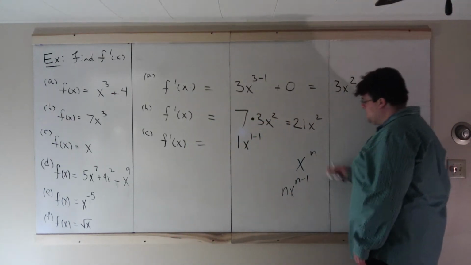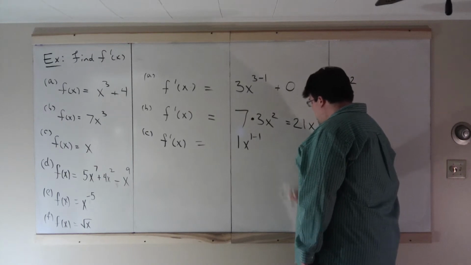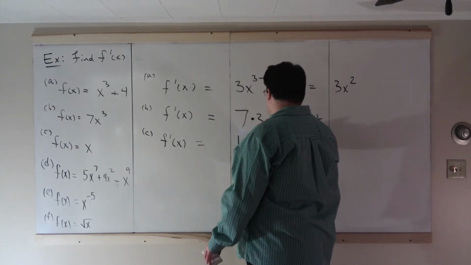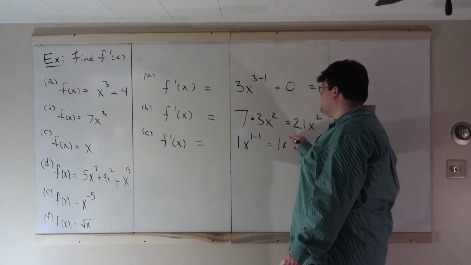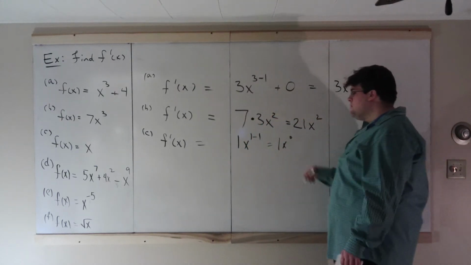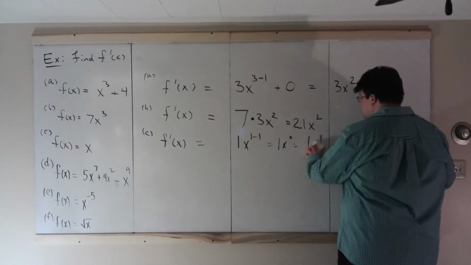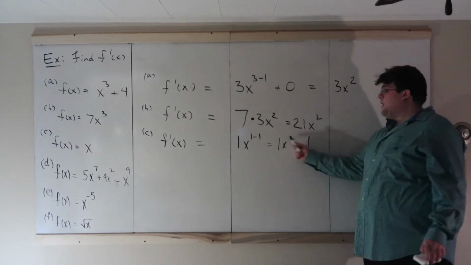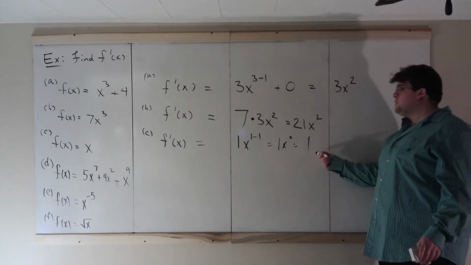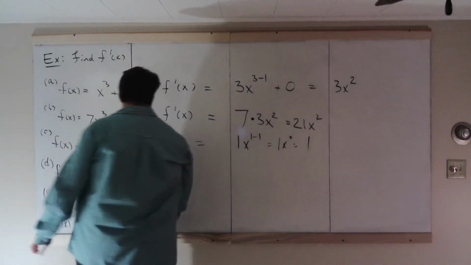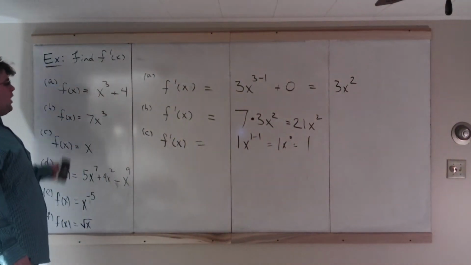It's a lot of 1s. What does that simplify to? 1x to the 0. What's x to the 0? It's 1. 1x to the 0 is 1 times 1, which is 1. So for part C, using the power rule, we got that the derivative is 1.